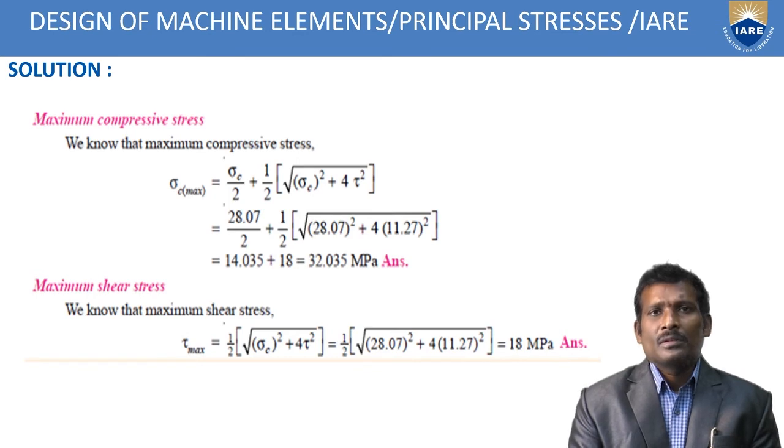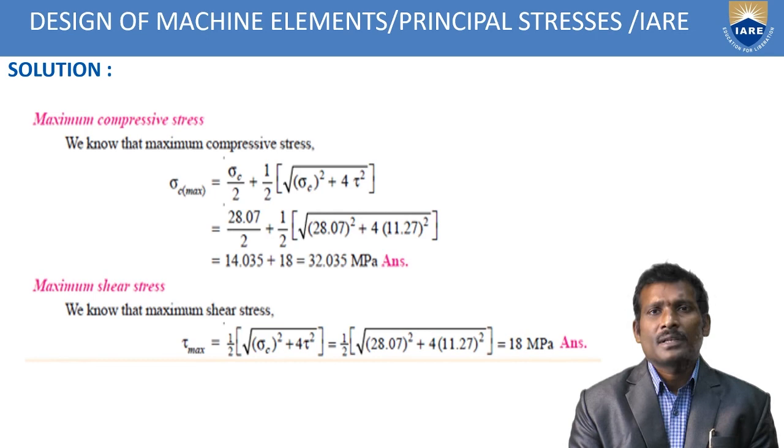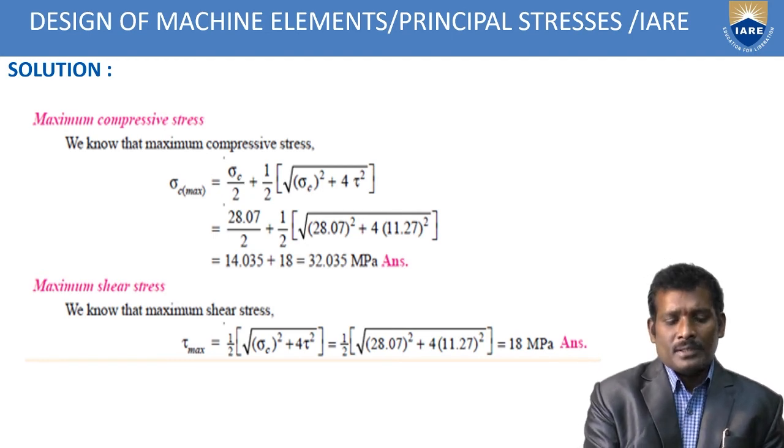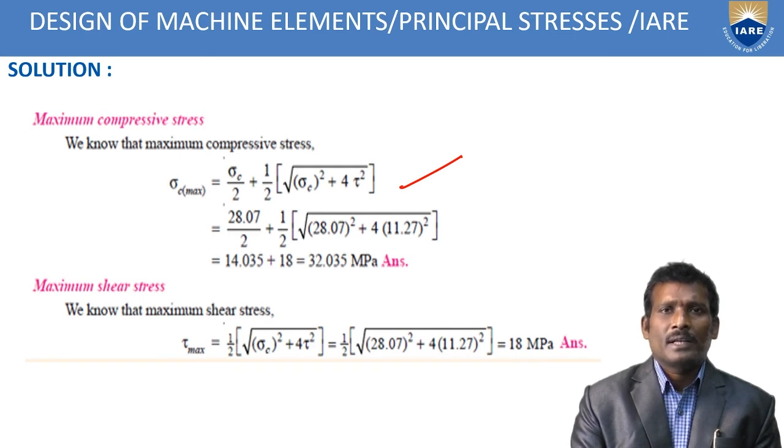Now the maximum compressive stress and maximum shear stress have to be calculated. The maximum compressive stress formula is σc by 2 plus half of the square root of σc² plus 4τ². So why should we calculate the maximum compressive stress?